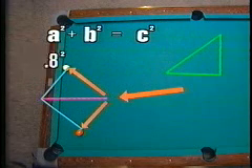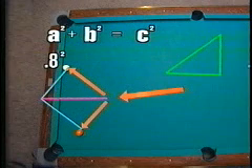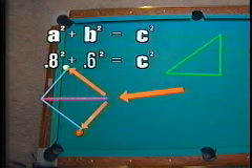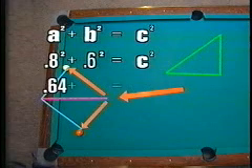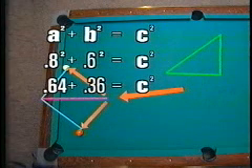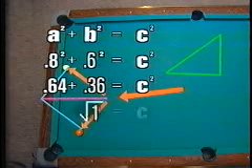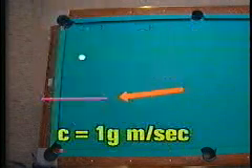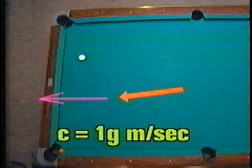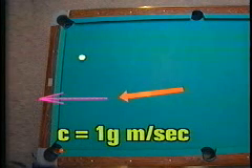We know a is 0.8 gram meters per second, and b is 0.6 gram meters per second, because we drew it parallel and equal to the 5 ball's vector. So we plug our numbers into the equation, and look, we get 1 gram meter per second, the same momentum the cue ball had before the collision. Momentum is conserved in size and direction.